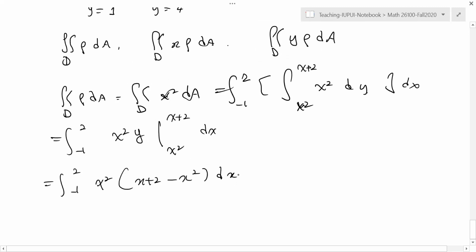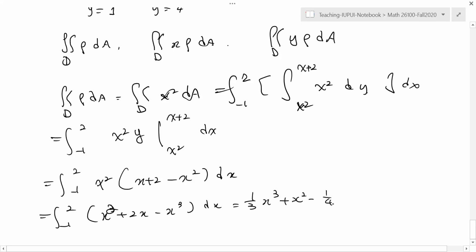And then this is a polynomial, so everybody knows how to evaluate it. You multiply this out. So the antiderivative is 1/3 x cubed plus x squared minus 1/4 x to the 4th power, and evaluate this.